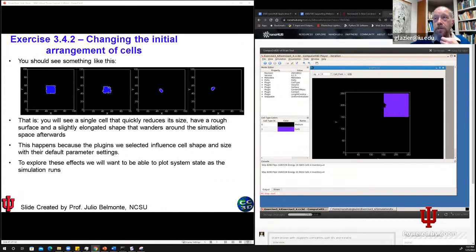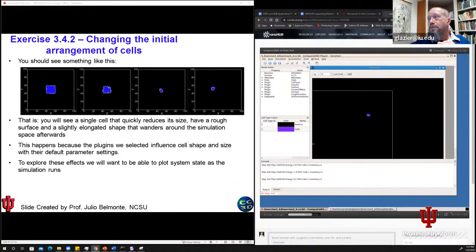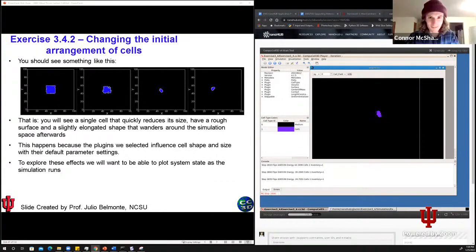So everybody, your assignment is to create one cell, run it, and watch what it does. There are a number of ways one could create a single cell.